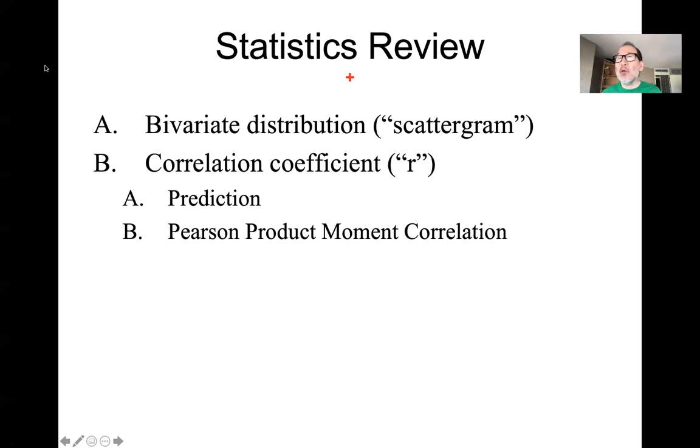The value of a correlation is that it tells you the relationship between two variables. If you know the scores on variable A and the scores on variable B and how they relate or correlate, that allows you to make a prediction.